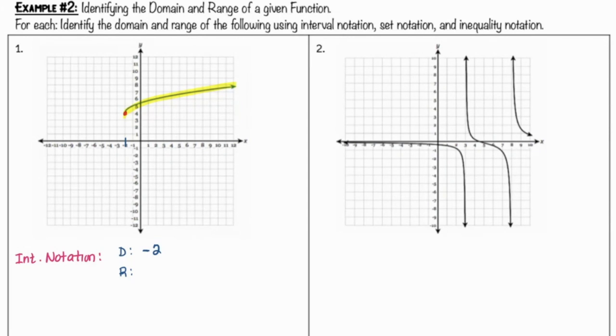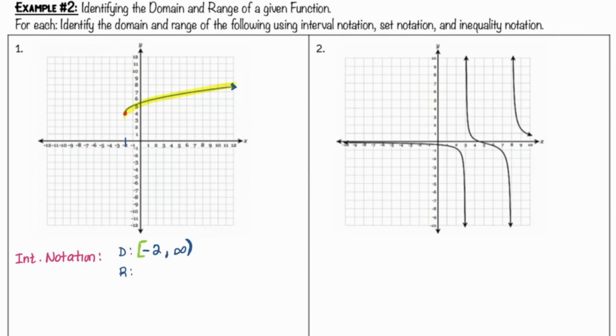And I see that there's a point there, which means that -2 is definitely included. So bracket. And where does this function stop? What x value does it stop at? Paying close attention, I see an arrow, which is telling me that it's never going to stop. So the largest x value you're dealing with is infinity. And infinities are never included.